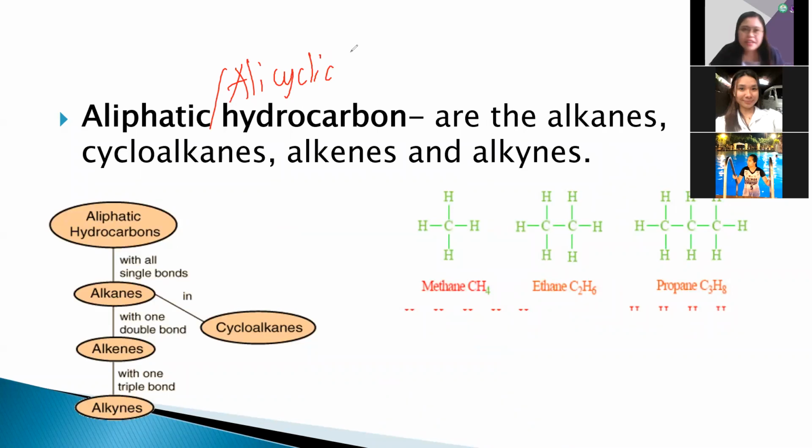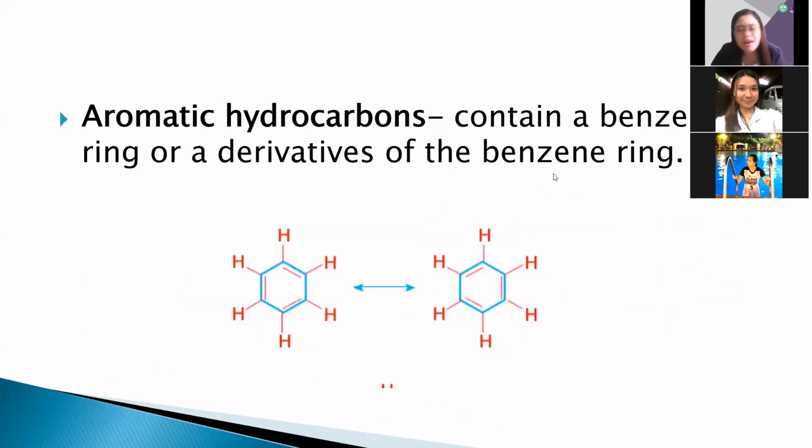And let's differentiate them. Okay, this one is the aromatic hydrocarbon. All of them have rings, and specifically the benzene rings and their derivatives. But how do we differentiate aromatic hydrocarbon with that of the cycloalkene?